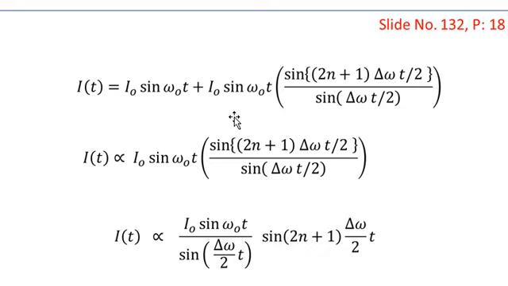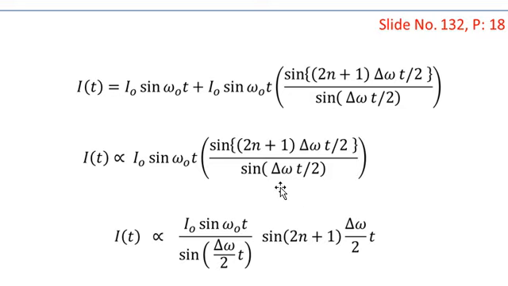So this is the next step, and now you see that I of t is proportional to this factor, because this factor is constant at one value of time. But you know that this I of t can be written as proportional to this factor. Also, this is not constant but also proportional to that one.